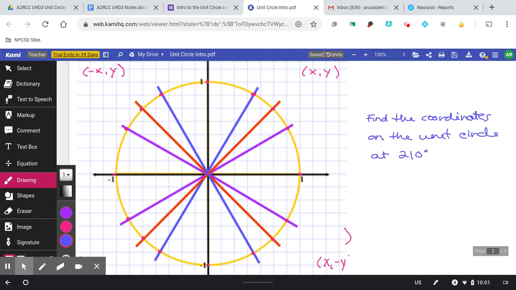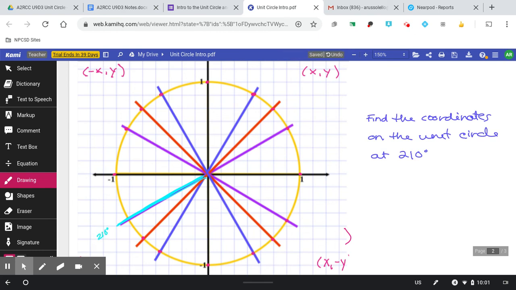So what you would have to do is draw where 210 is. And like I said previously in other units, it really doesn't matter if you're drawing it at exactly the right place. It's really just as long as you get it inside the right quadrant. But say this is over here, that's going to be at 210 degrees.